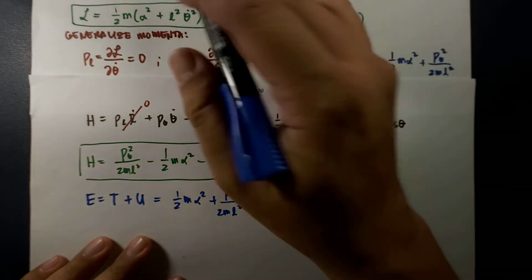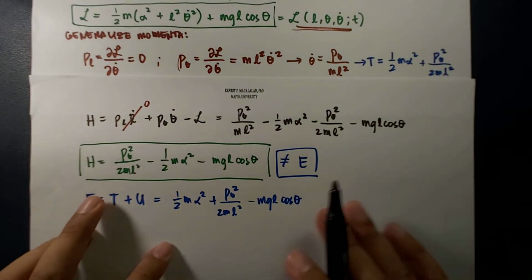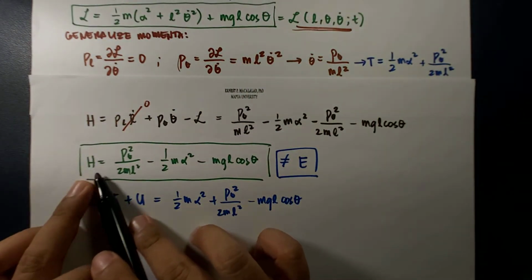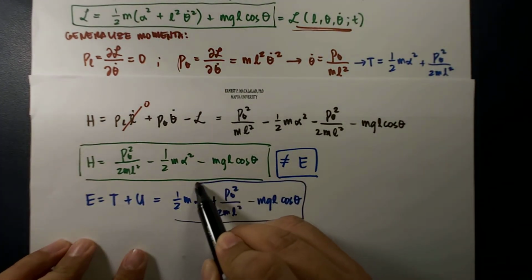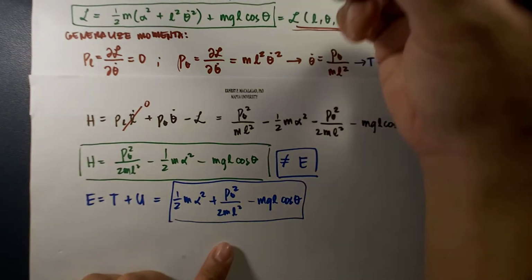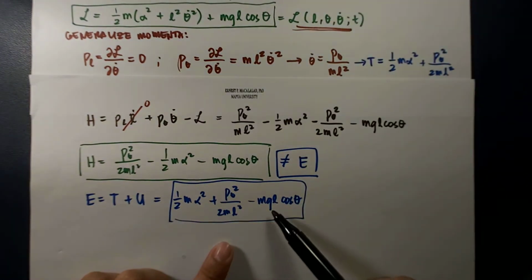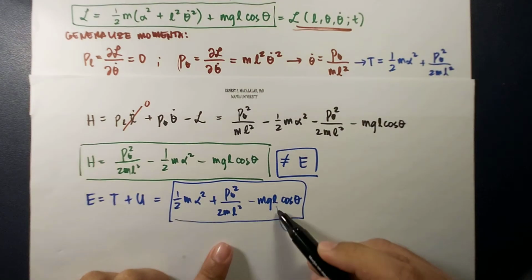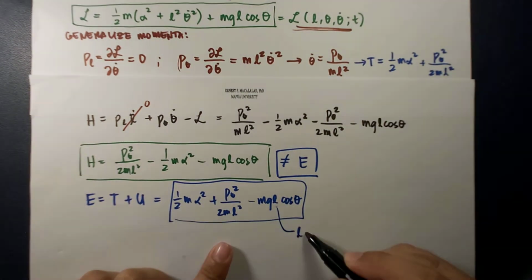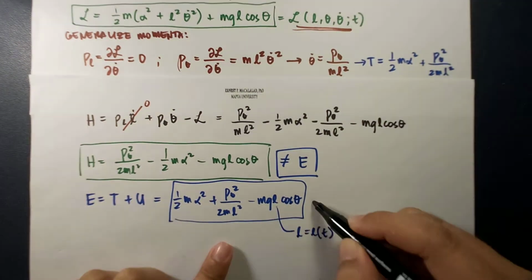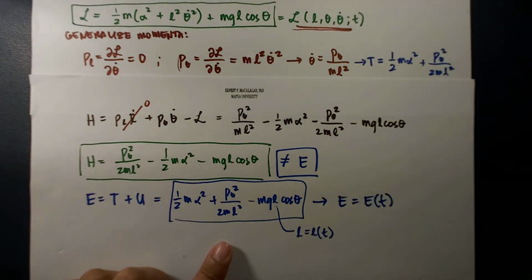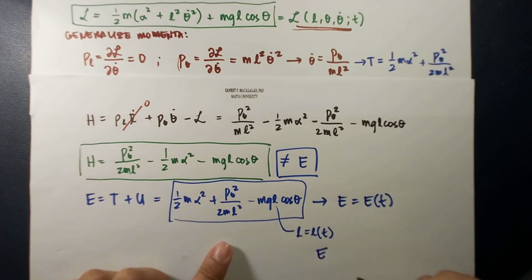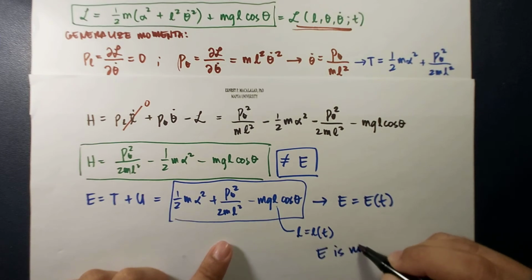Because L changes with time, the total energy is also an explicit function of time. Therefore, energy is not conserved.